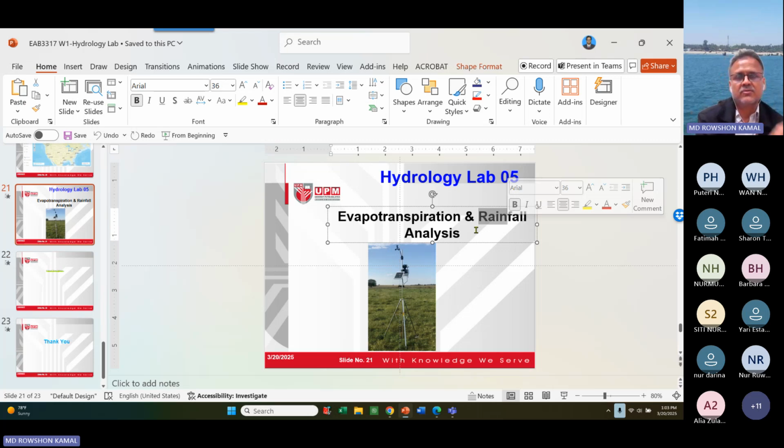With this data we will do some analysis. I have shown this data for the purpose of studying hydrology, the hydrologic balance or hydrologic cycle I showed earlier.